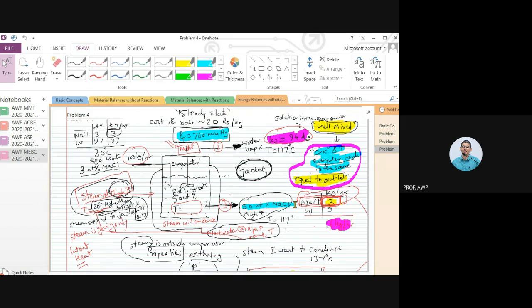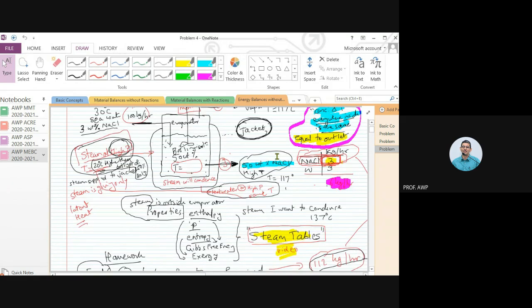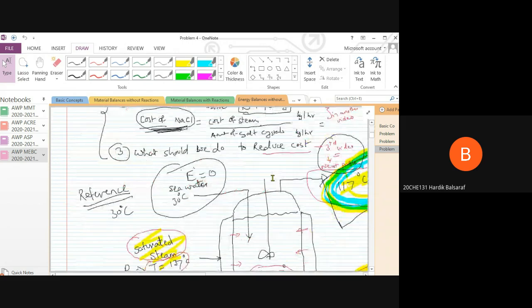Now do you see why I'm interested in steam rather than hot water? Yes, so we can use it again.